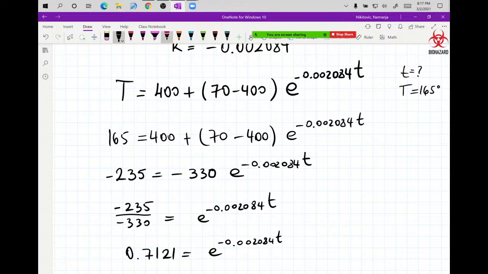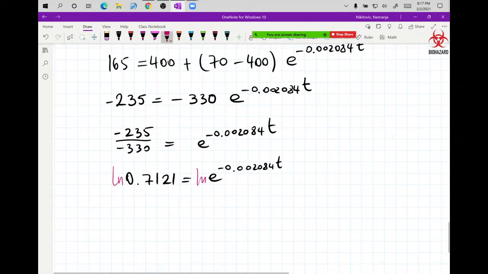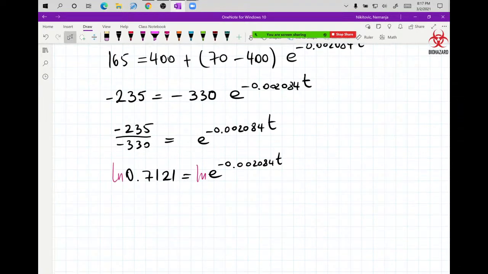And then what we learned in the last lesson, hit both sides by ln to kill the e. So on the left, when you put ln of 0.7121, you will get negative 0.3395. And on the right hand side, you have negative 0.002084 T. Divide the two numbers.